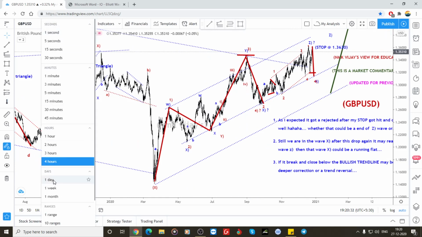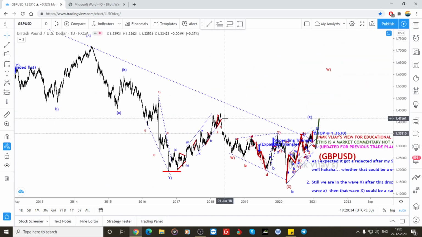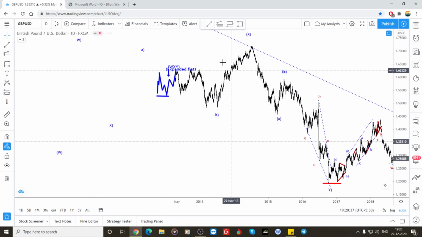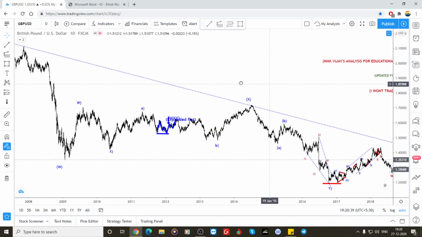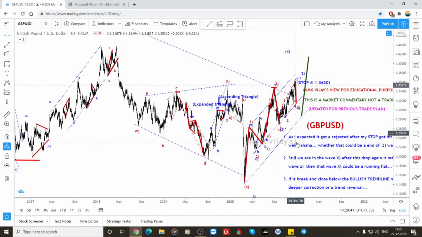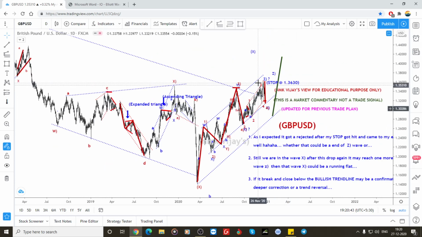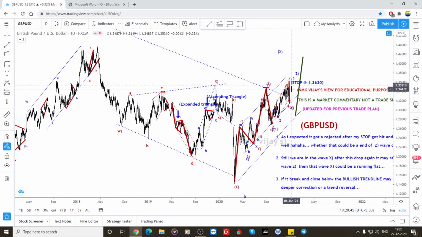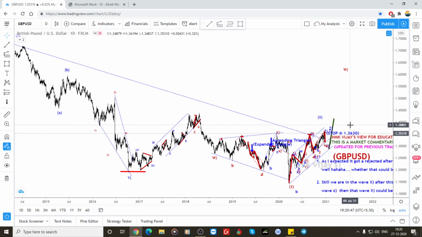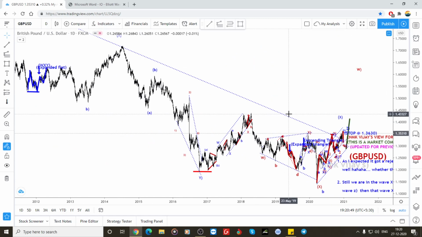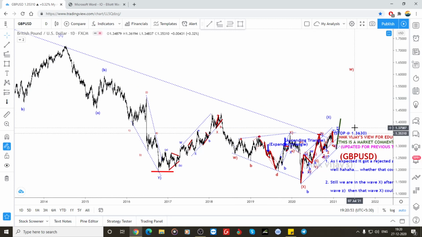And finally here is one more in this GBP USD. Here the bigger trend line is going on. So let's see, it's already broken. Whether it is a fake breakout or something else, we have to wait and watch. So it's already broken, so that is not an impulsive, or it is not a bullish sign, right?